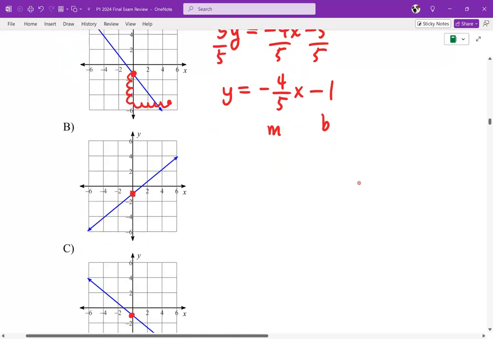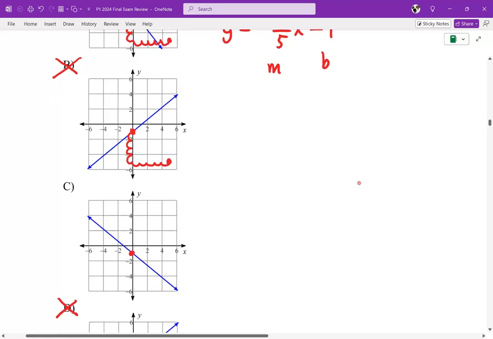B, well, to go down 4, 1, 2, 3, 4, 1, 2, 3, 4, 5 would be right here. That one doesn't look right either. C, well, let's go. 1, 2, 3, 4, and then 1, 2, 3, 4, 5. That seems to be the right place. So my answer is C.